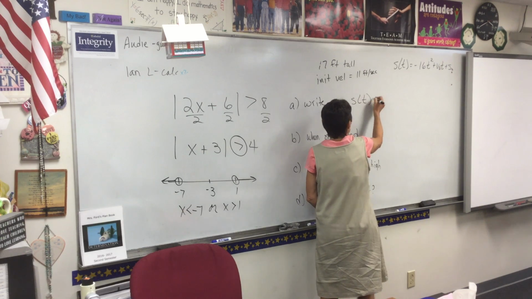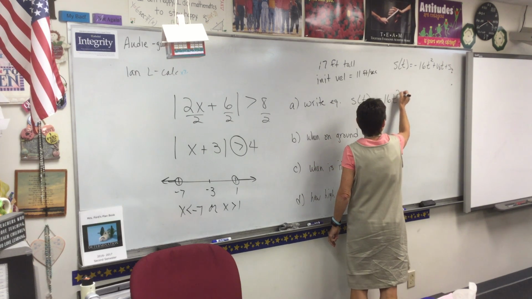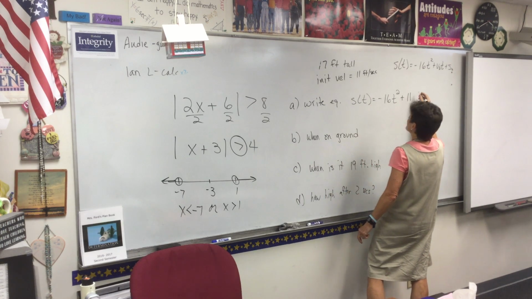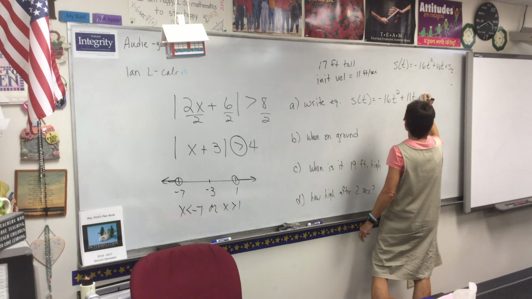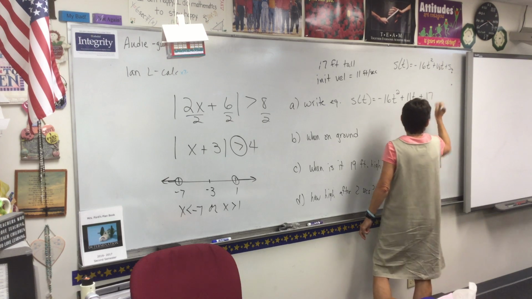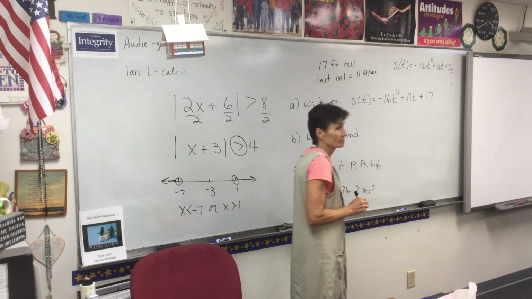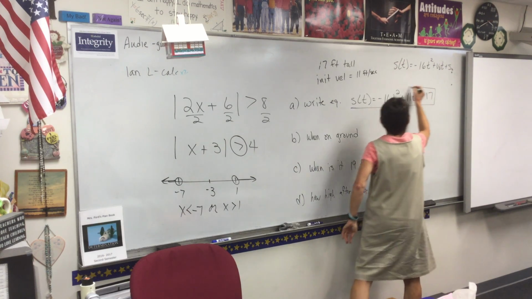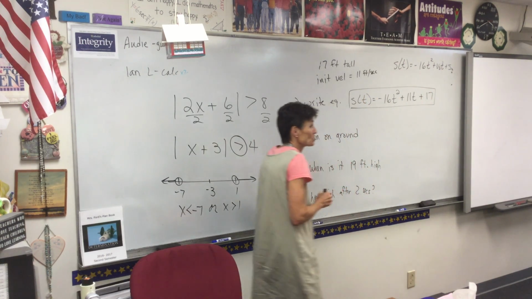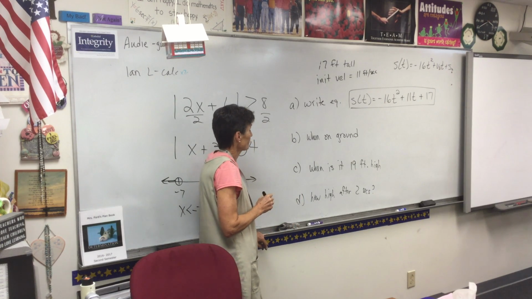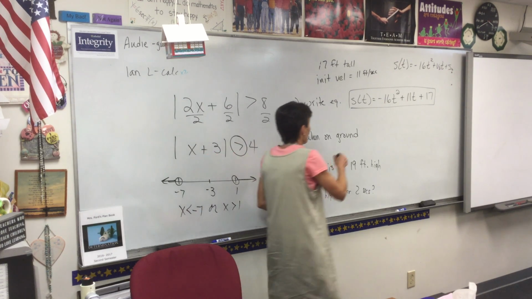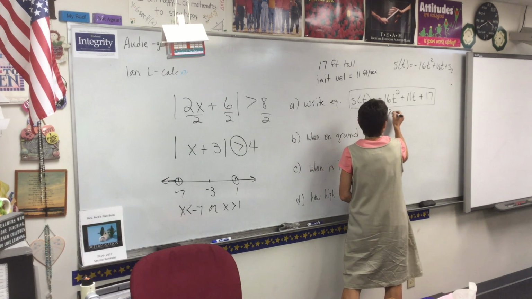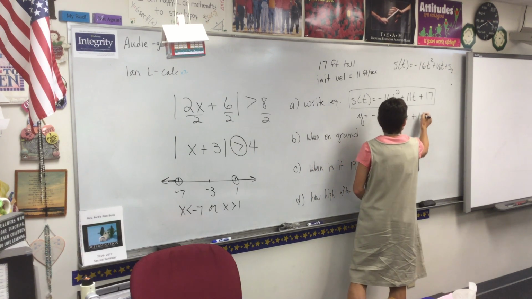S of t equals negative 16t squared plus 11t plus 17. Yep. So that's the answer to the question that says write the equation. That's the same as y equals negative 16x squared plus 11x plus 17.